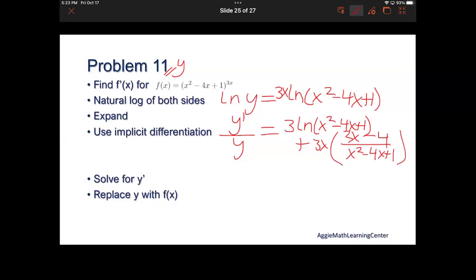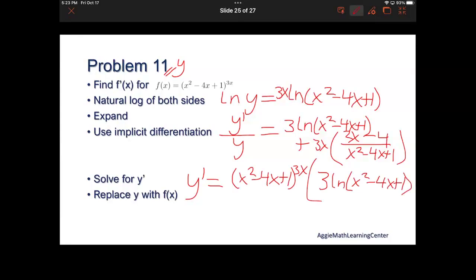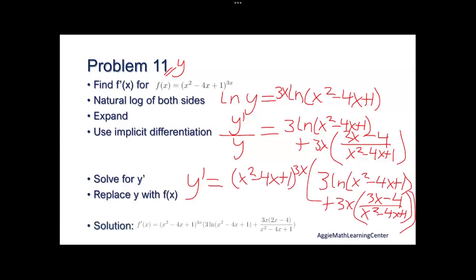And then we move the y back over, so we get our final answer: y prime is equal to (x squared minus 4x plus 1) to the 3x, all times 3 natural log of x squared minus 4x plus 1 plus 3x times 2x minus 4 over x squared minus 4x plus 1. And that should be your answer.